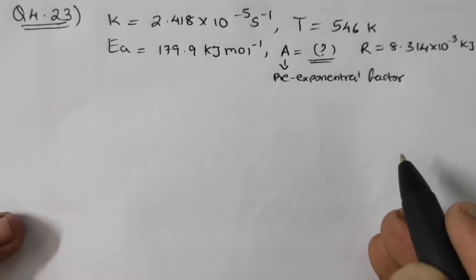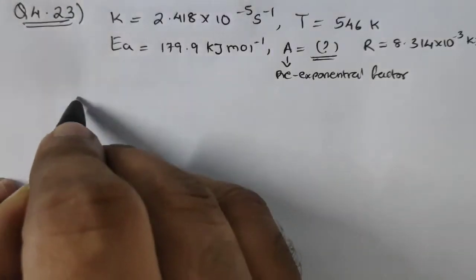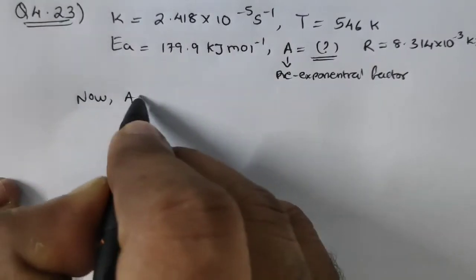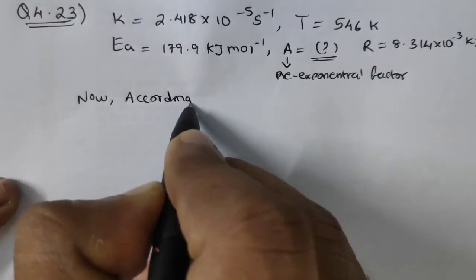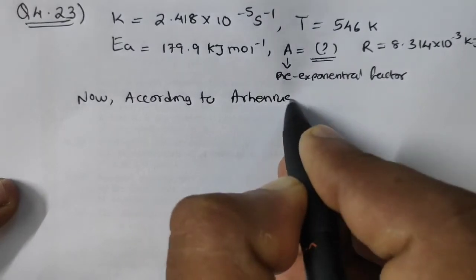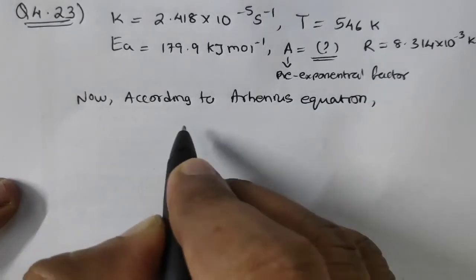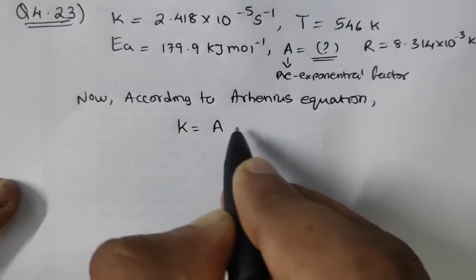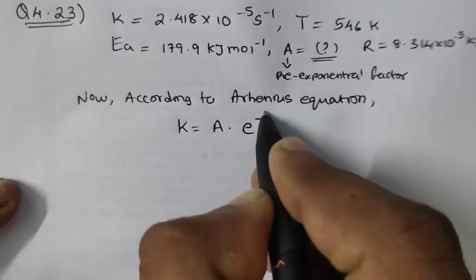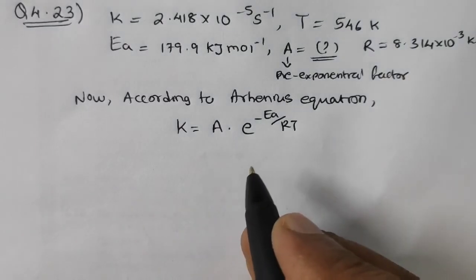Before starting with the numerical, according to the Arrhenius equation, we know K is equal to A into e raised to minus EA by RT, the formula we have discussed for rate constant.